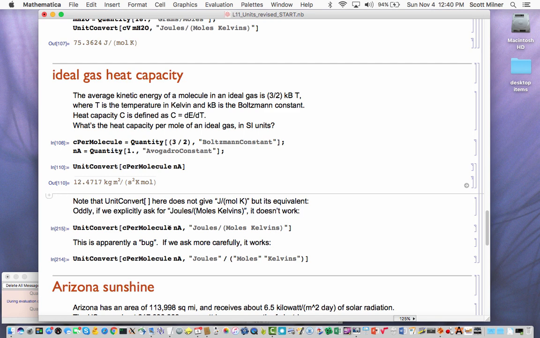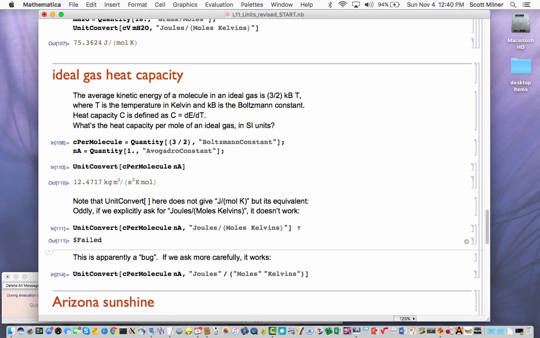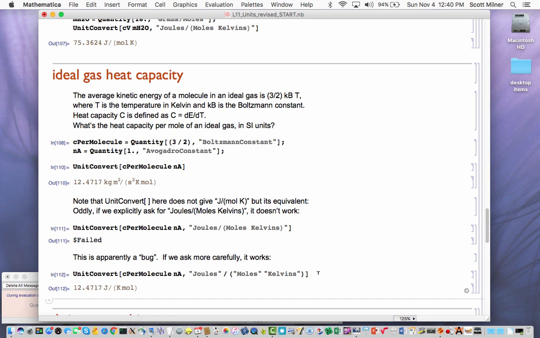Strangely, if we explicitly ask it for joules per mole Kelvin, it doesn't work. This is a bug. If we ask very carefully and nicely, it does work. If we write the joules and the moles and the kelvins all in quotes, then in this particular case that seems to be necessary to get the unit conversion to behave.